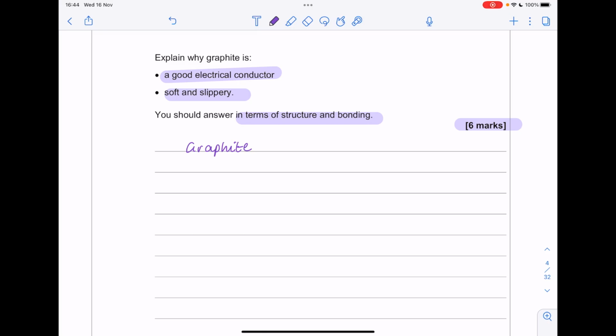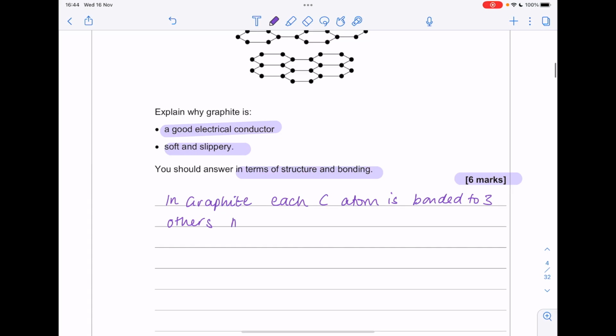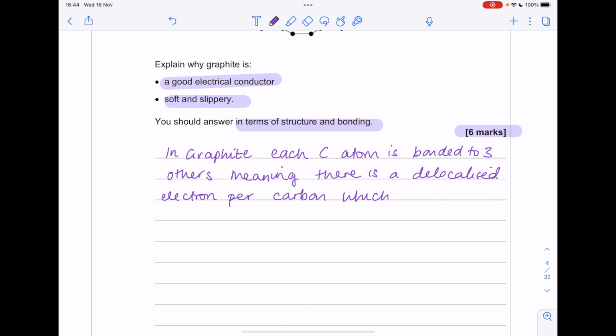Now, if you're writing a really fancy answer here, you'd say, in graphite, each carbon atom is bonded to 3 others, meaning you can actually see that here, 1, 2, 3, meaning there is a delocalized electron per carbon, which is free to move throughout the structure and can carry electrical charge.